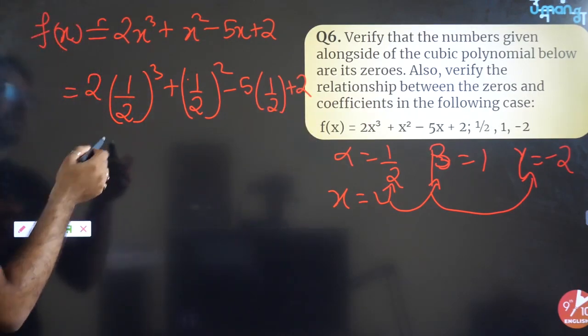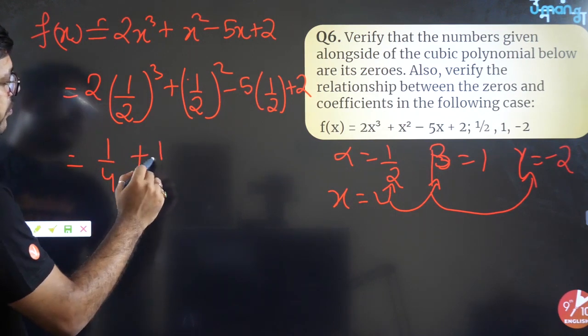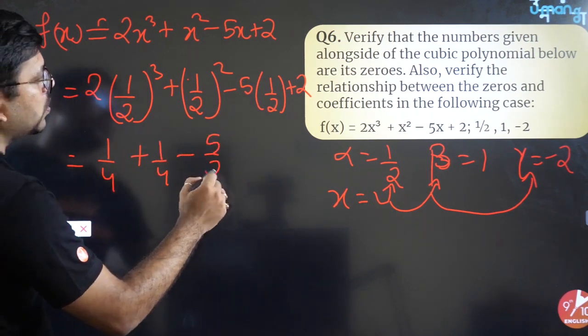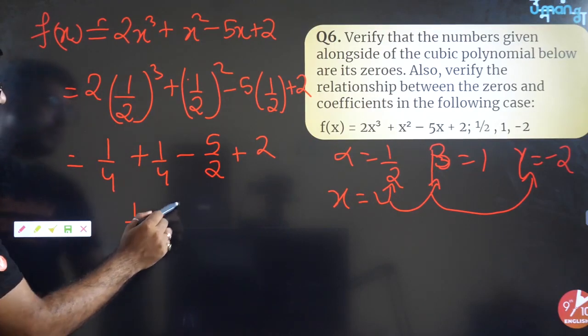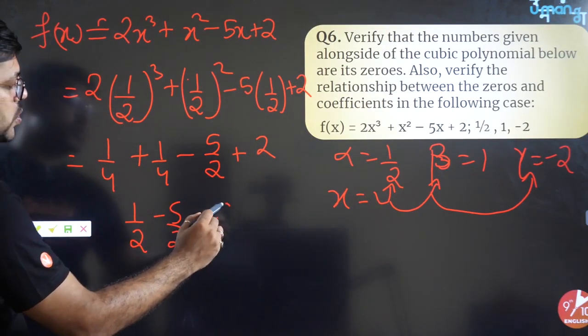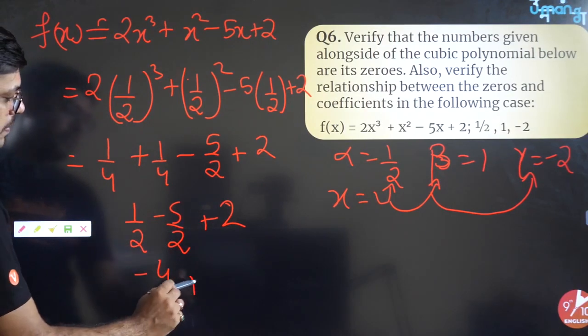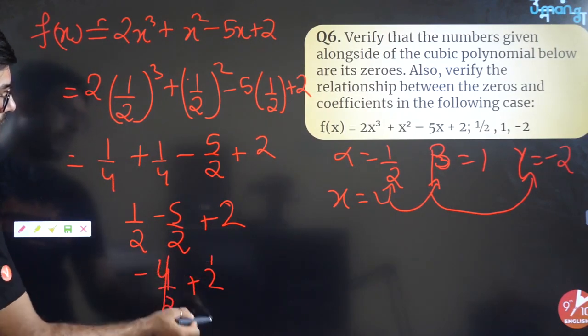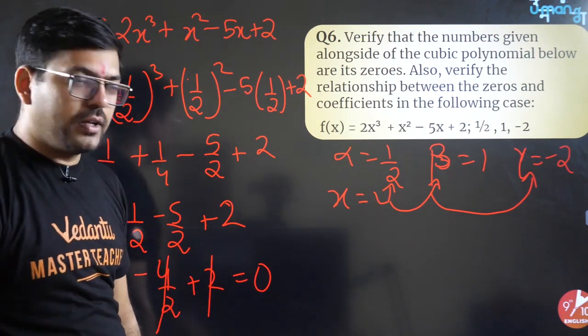You have to actually solve them. So 1 by 8 into 2, so 1 by 4, and plus 1 by 4, and minus 5 by 2 and plus 2. So 1 by 4 plus 1 by 4 will be 1 by 2, minus 5 by 2 and plus 2. So 1 by 2 minus 5 by 2 will be minus 4 by 2, and plus 2. So this will be minus 2 and plus 2, gone, 0. So yes, this is satisfying.